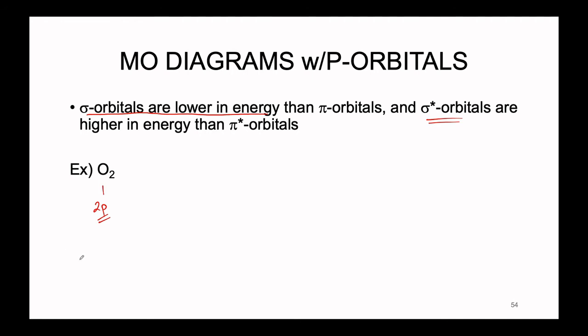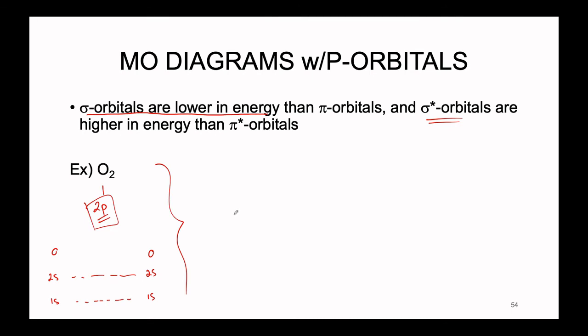So as we have two oxygens on the left and the right, the very, very low energy 1s orbitals are going to come together. The next in energy 2s orbitals will come together. And then above that are going to be the 2p. So that's what we're going to illustrate here on the right, just the combination of the 2p orbitals.